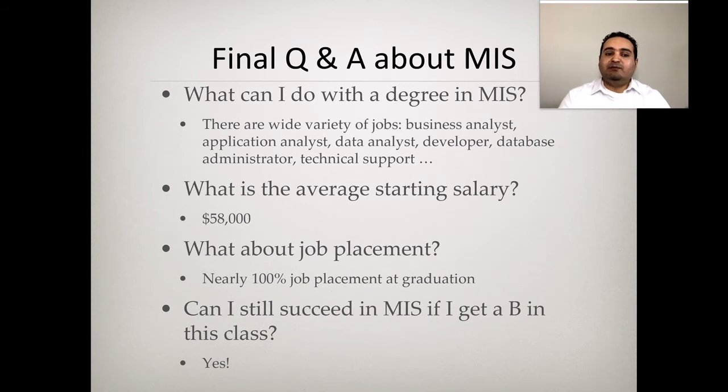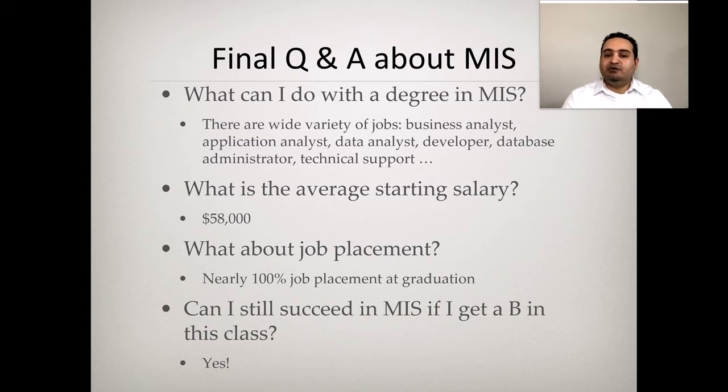Some of the questions that you might have, I included here. What can I do with a degree in MIS? There are a couple of job titles available for you when you graduate with an MIS degree, including business analyst, application analyst, data analyst, developer, database administration, and technical support.